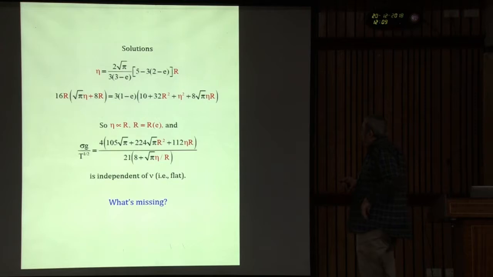So the solutions to these two balance equations give eta as a linear function of R involving the coefficient of restitution, and using that in the second equation gives a quadratic equation for R. And the important thing here is that the quadratic equation for R is independent of the volume fraction.